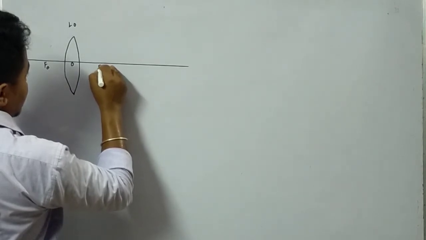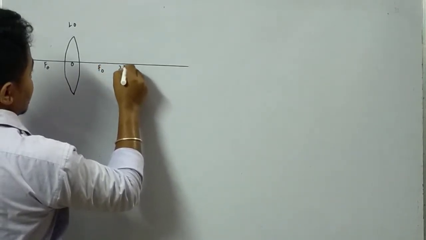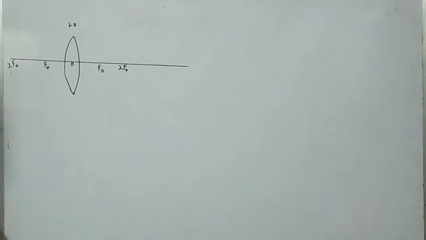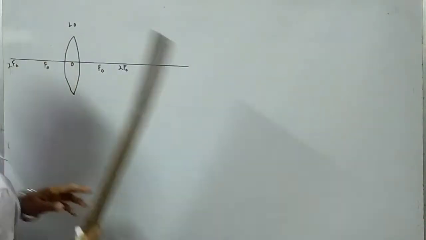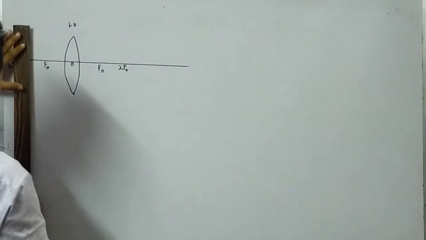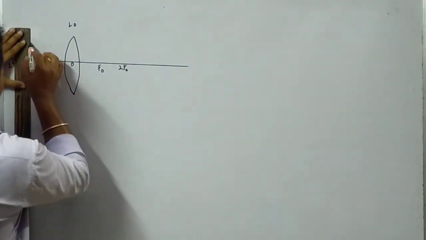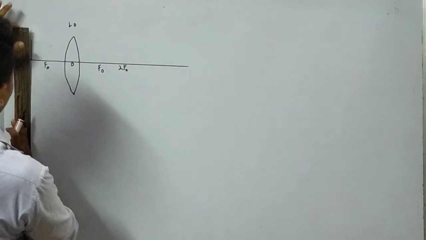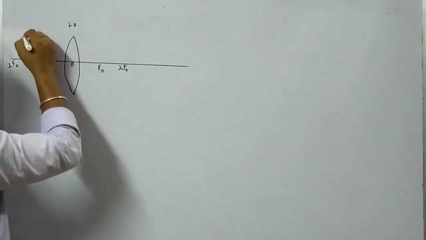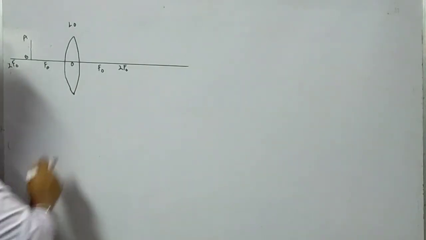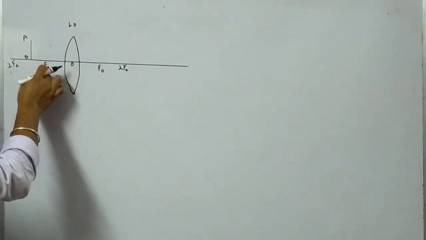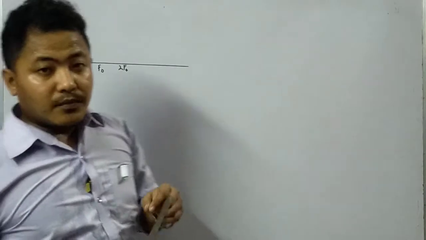This side also this is FO, and this is twice FO similarly. Now I am going to keep the object between FO and twice FO. As you can see here, this is the object I have placed, and suppose this object is AB, placed between FO and twice FO.